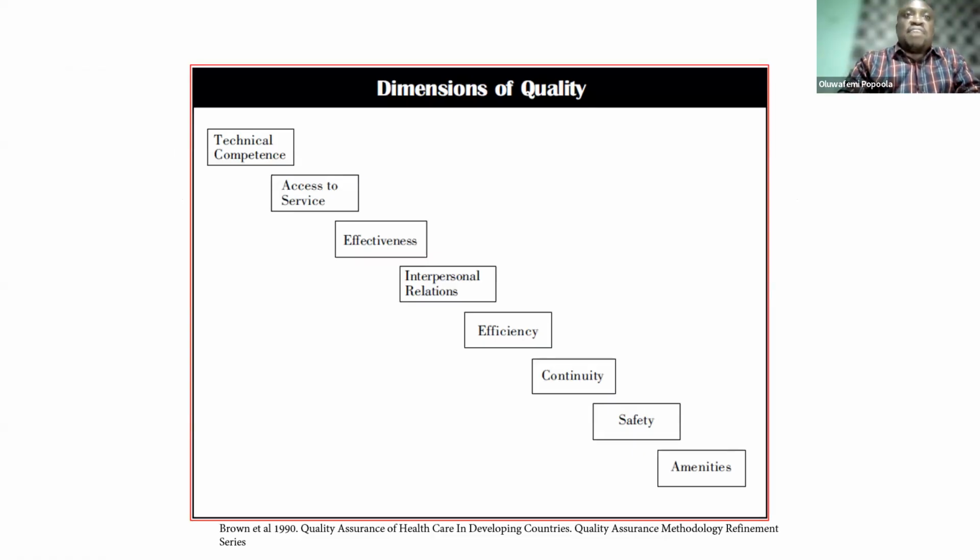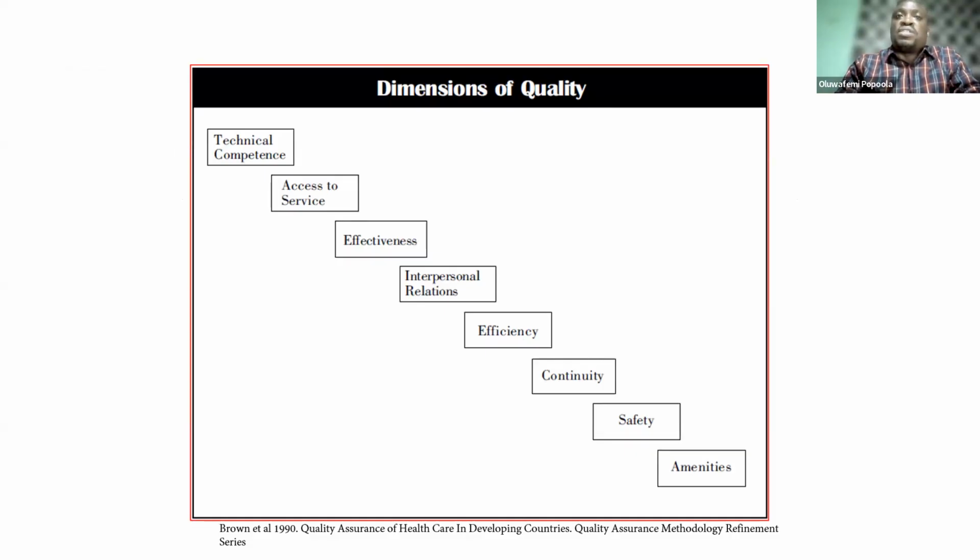I came across this graphic and I liked it. It's from a very old paper by Brown et al. about quality assurance in healthcare in developing countries. I like it because it highlights what I think are different dimensions or components of quality.